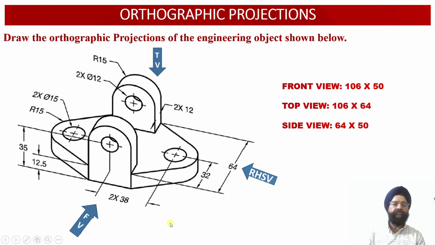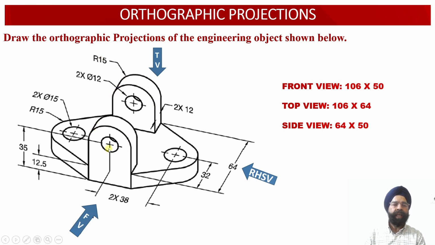Similarly, when we look at the solid from the front side, once again the total height of the solid has not been provided to us. So we need to obtain the height of the solid by looking at the constructional details of the solid. We know that the distance of the center point from the base of the solid is equal to 35 millimeter, while the radius of the semicircular top portion of the vertical web is equal to 15 millimeter.